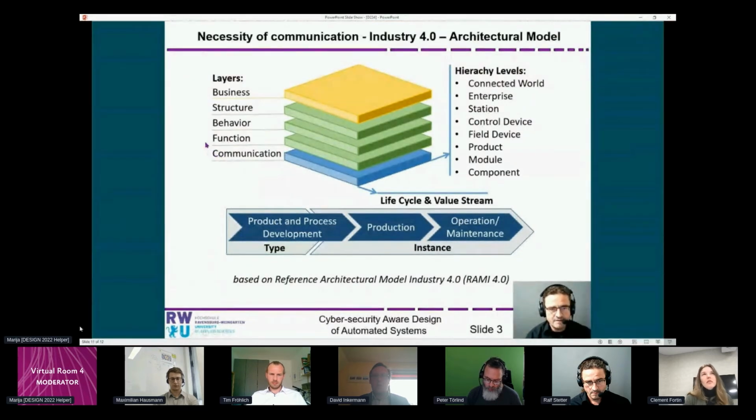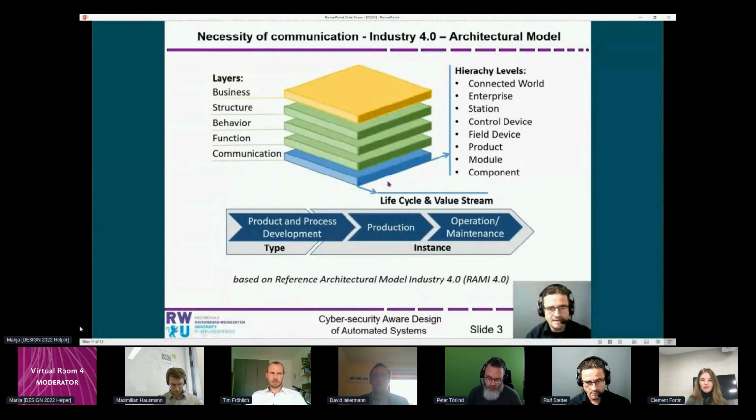Then we have the function, behavior, structure ontology, and over this also the business layer. And another vertical dimension starts with the component of the module, over product, field device, control device, station, enterprise, connected world, and these are the hierarchy levels of this.